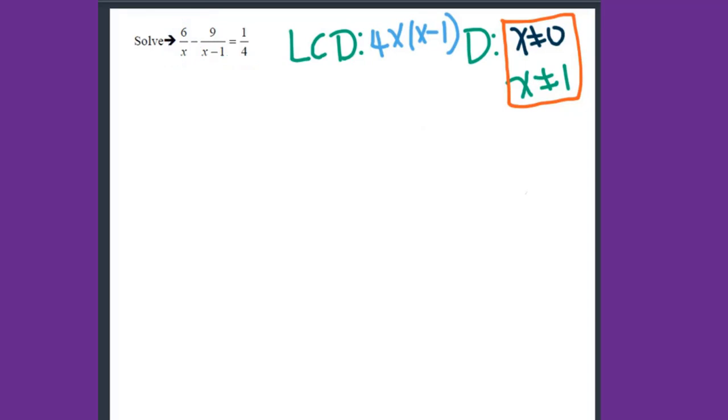Let me rewrite this equation. I got 6 over x minus 9 over x minus 1 equals 1 over 4.